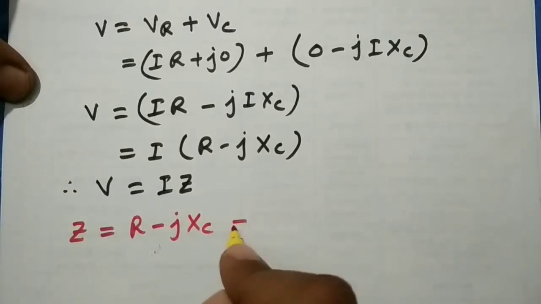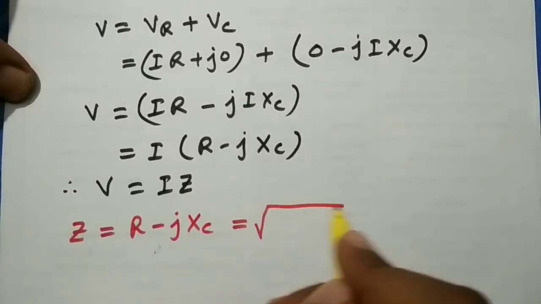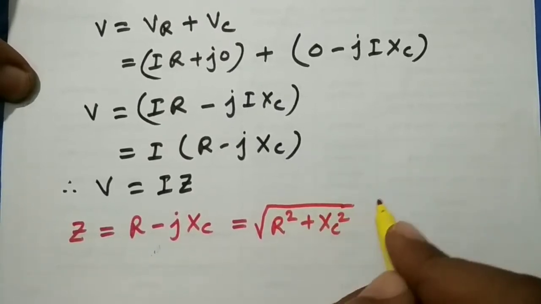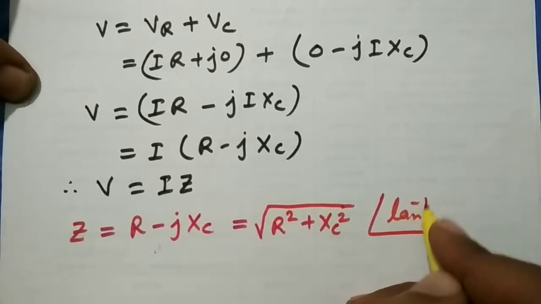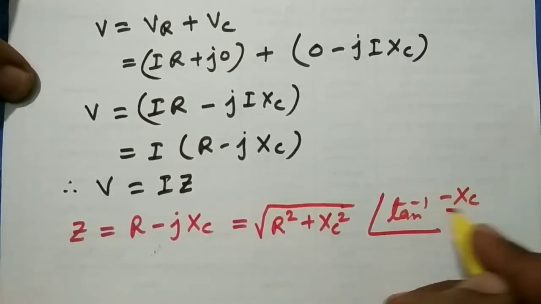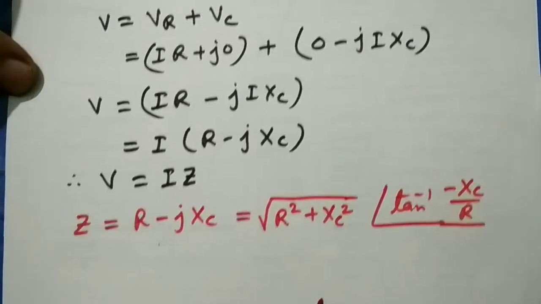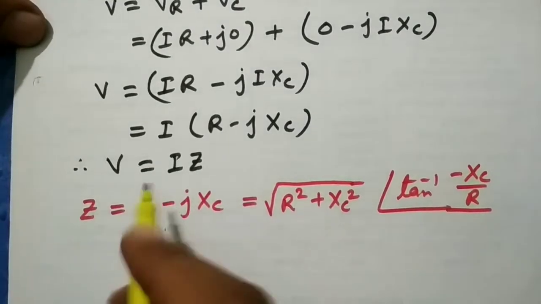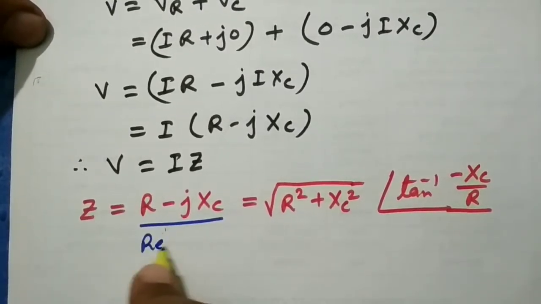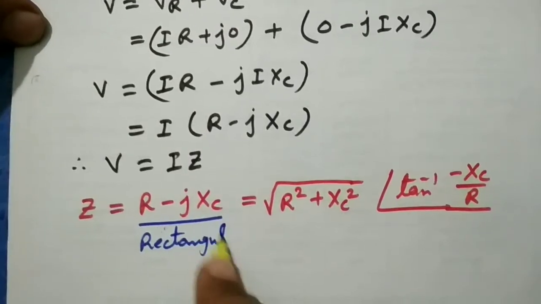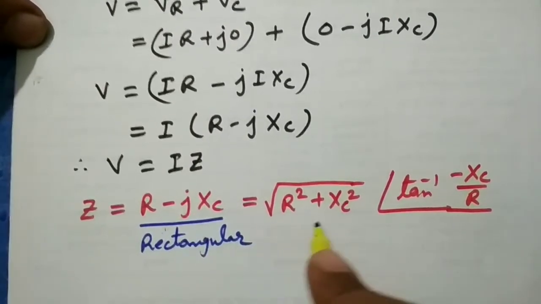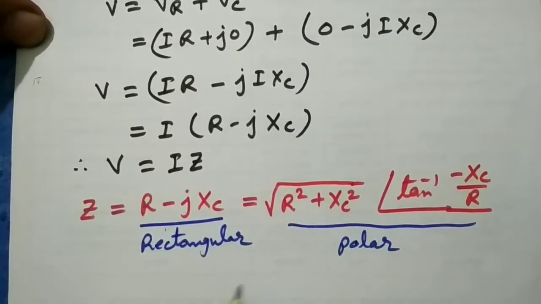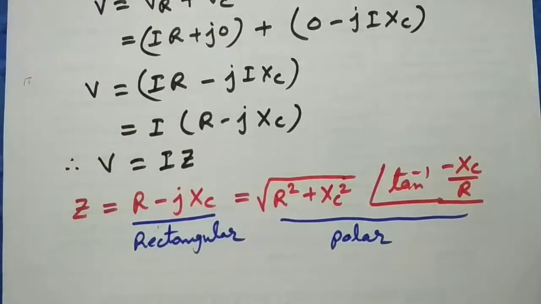And if we want to find its polar form, the magnitude will be square root of R square plus XC square, and the angle will be tan inverse of minus XC upon R. So we can say this is the rectangular format, and here it is the polar format of the impedance of an RC series circuit.